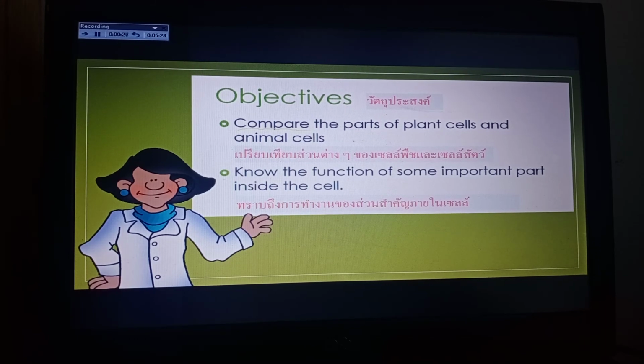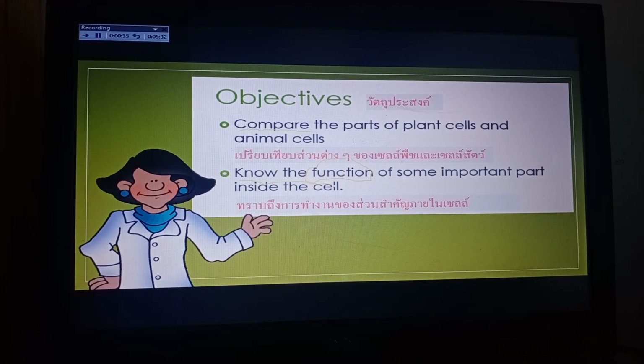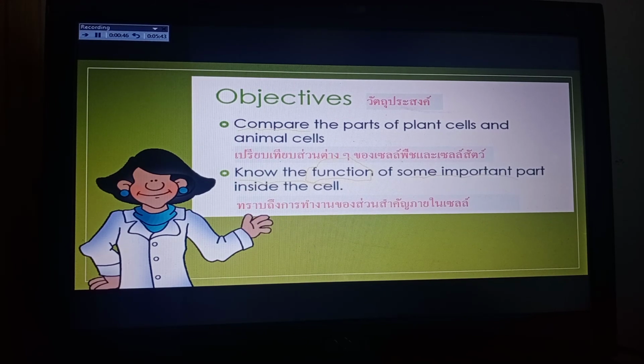Next, the second one is to know the function. Function, in other words, we can say it is the job or the work of a certain part of the cell. Know the function of some important parts inside the cell and how they play their role.